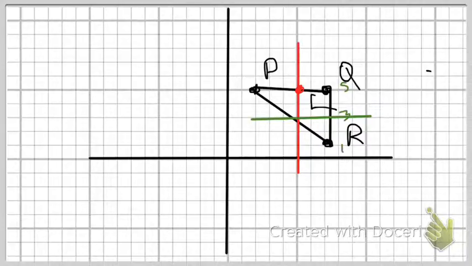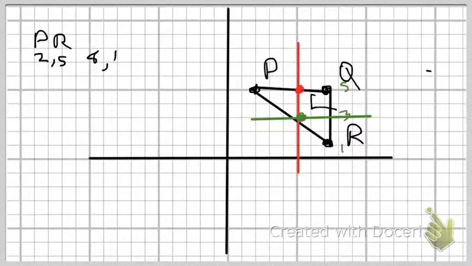Okay, now if we're feeling a bit lazy, we could actually stop right there. We know that the point of concurrency on all of the lines, that all 3 lines have 1 point. So the intersection of 2 of them is going to be the point of concurrency of the third as well. So we have (5, 3), but let's go ahead and double check that. For that, we want to get the perpendicular bisector of PR.